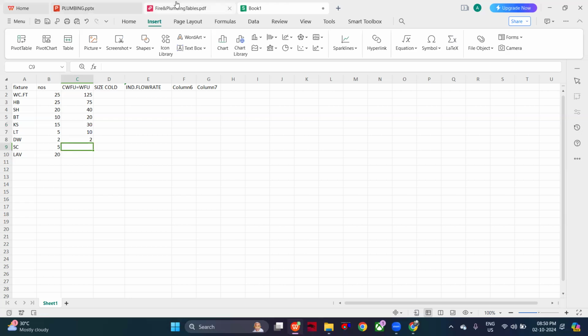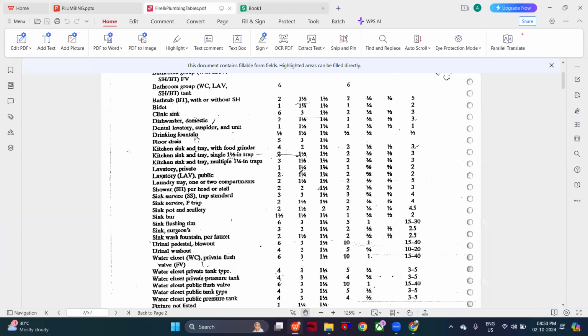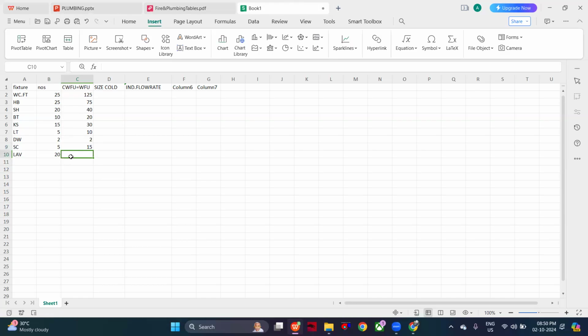Then the sink. Sink and wash we have the same. So 3 into 5. Then laboratory. Laboratory private. 1. 1 into 20. 20.